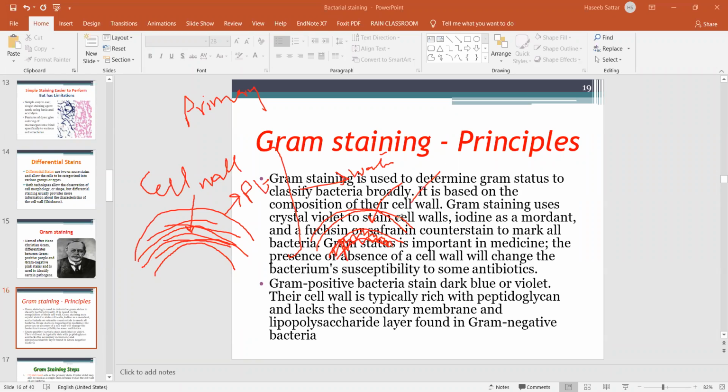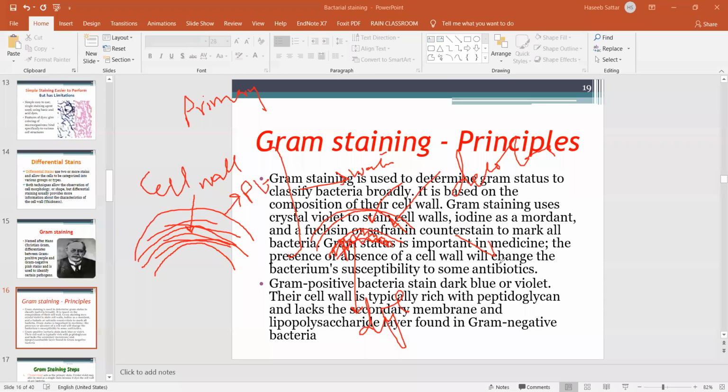But when I add a decoloring agent like alcohol or acetone, it washes the dye out. So now there will be no dye in the bacterial cell wall, because the dye has been washed out by the decolorizers.